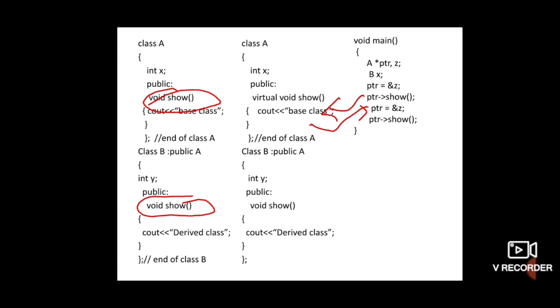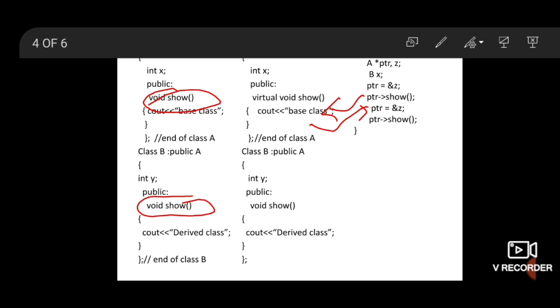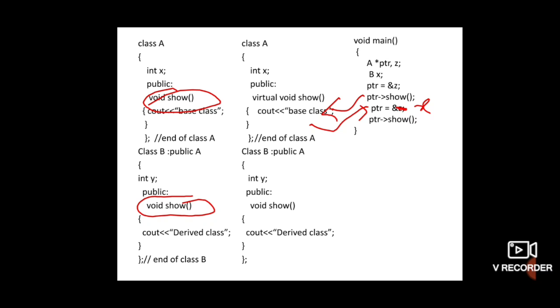Then again here pointer is equal to &Z. Sorry student, instead of Z write X here, because X is an object of the derived class.